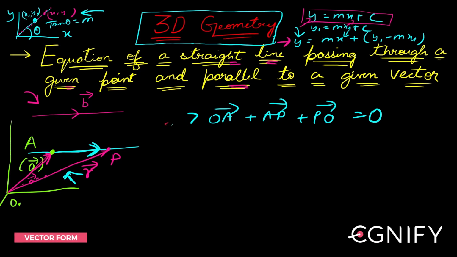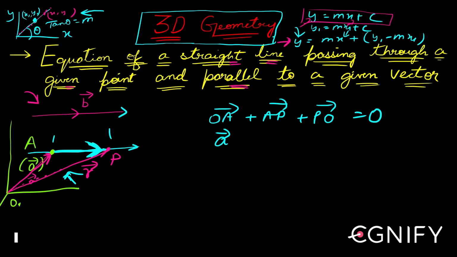Now, OA bar is basically your a bar. I need AP bar. How do I calculate AP bar? AP bar has some magnitude. I don't know what the magnitude is, but I know that it is in the direction of b bar, because this AP bar is parallel to this b bar, right?